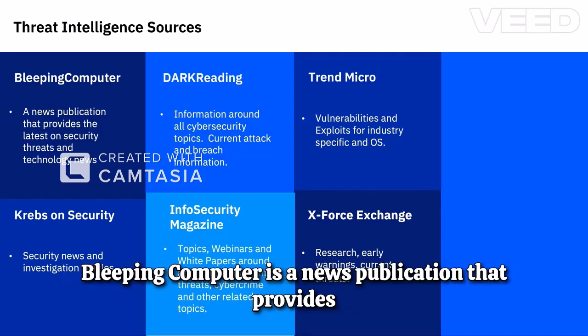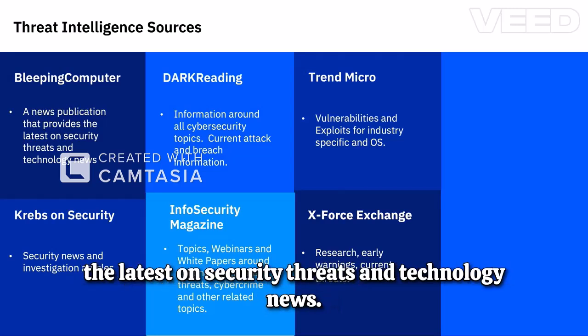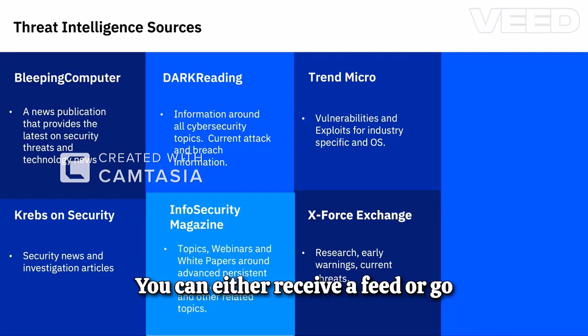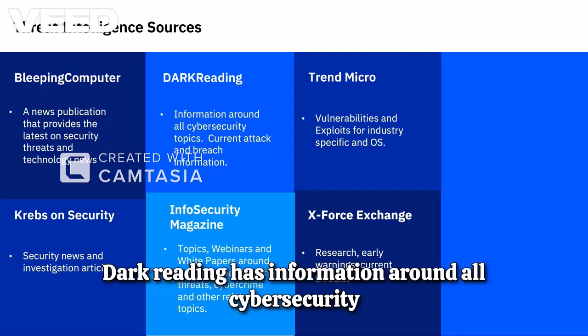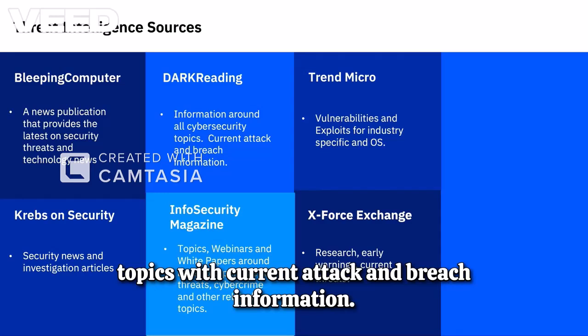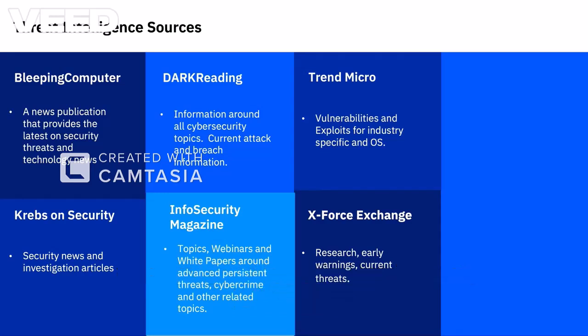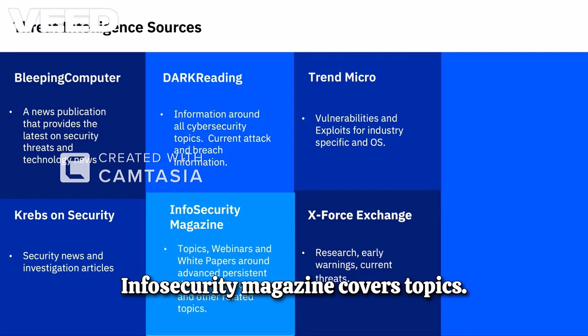Bleeping Computer is a news publication that provides the latest on security threats and technology news. You can either receive a feed or go out to their website on a daily basis. Dark Reading has information around all cybersecurity topics with current attack and breach information. Info Security Magazine covers topics.